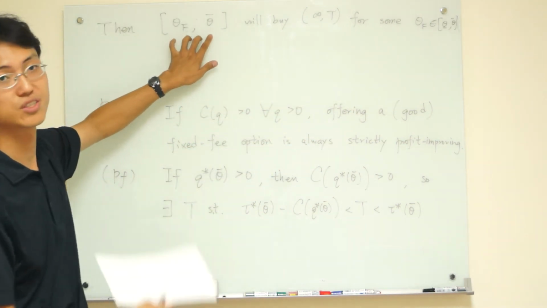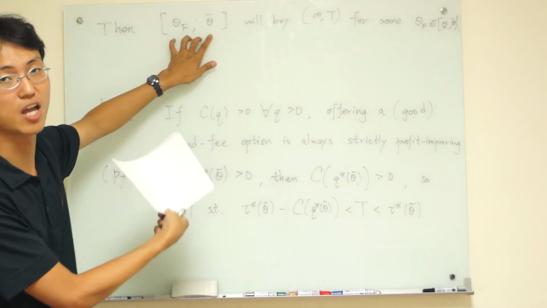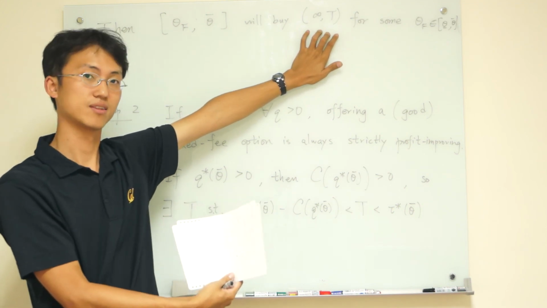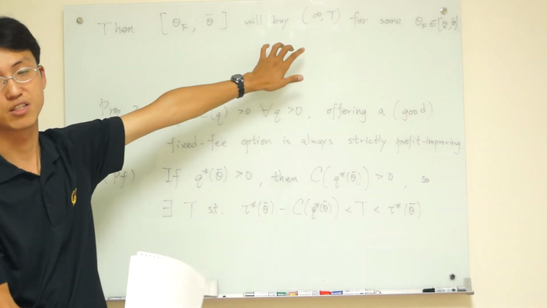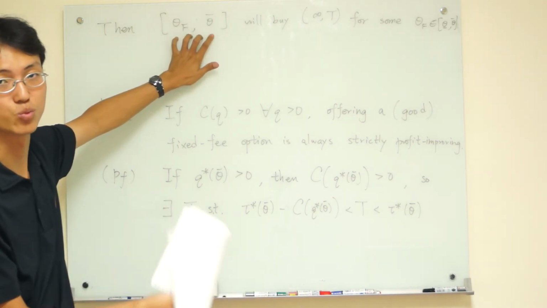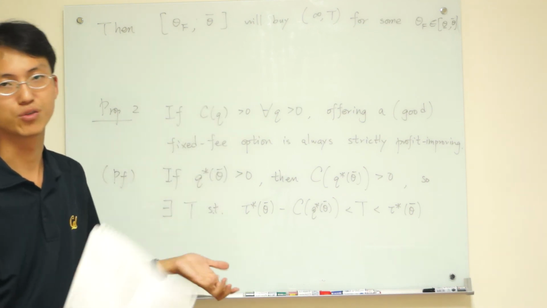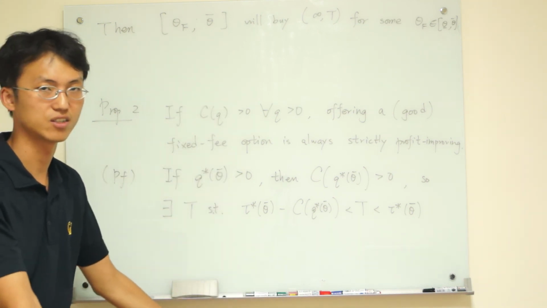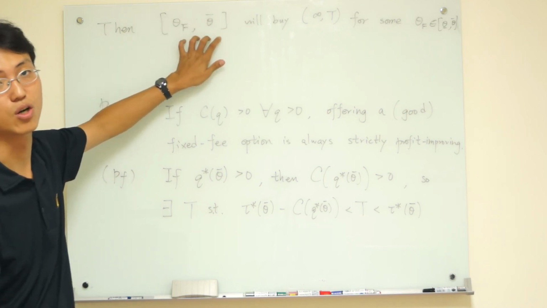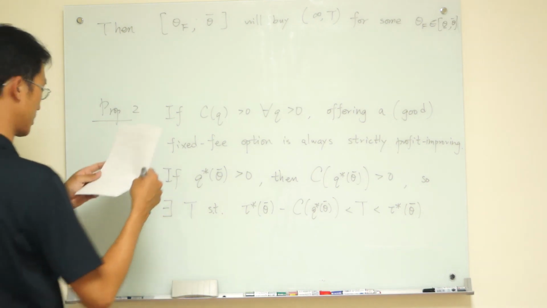For those consumers among the highest types, they will all buy this all-you-can-eat plan, as long as this is beneficial to them. Now I know some of them will switch, some of them will not. For all those guys who will not switch, I know I earn the same thing from them. So now I need to ask, for this group of consumers who all switch, do I earn a positive amount?